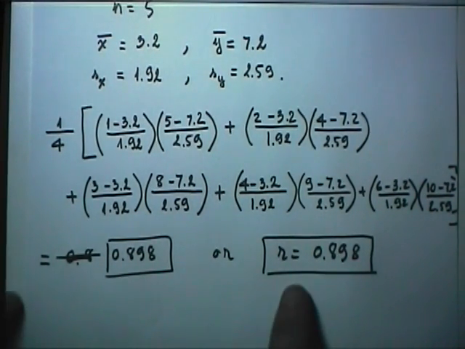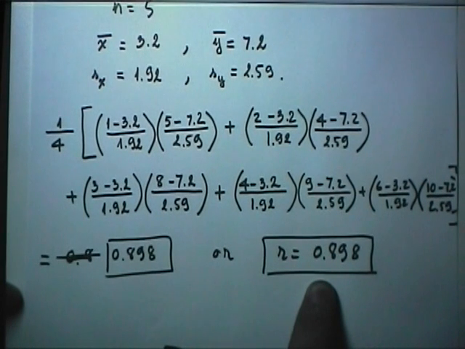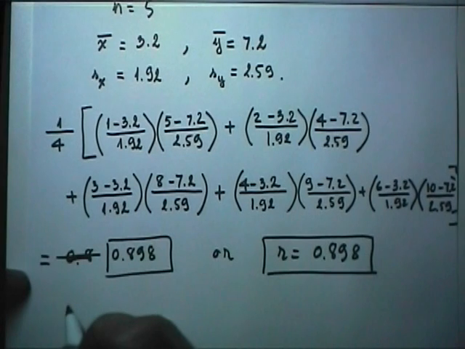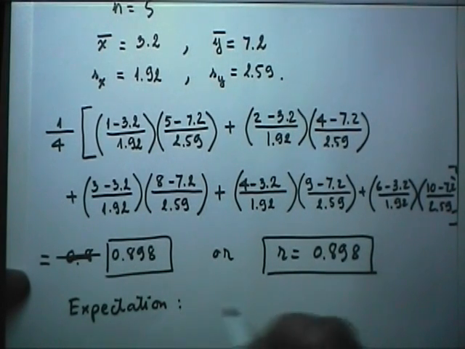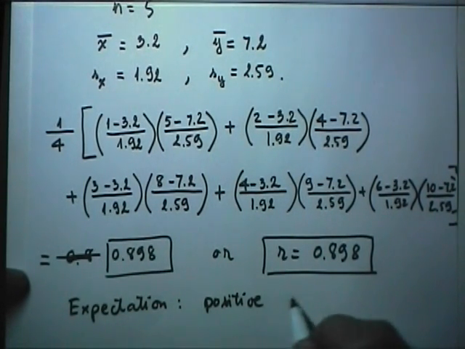So this time, if you notice, the R value here is a lot larger. The R value here is really close to 1. It's a lot larger than 0, and it's really close to 1. So you can expect, in the graph, a positive correlation.